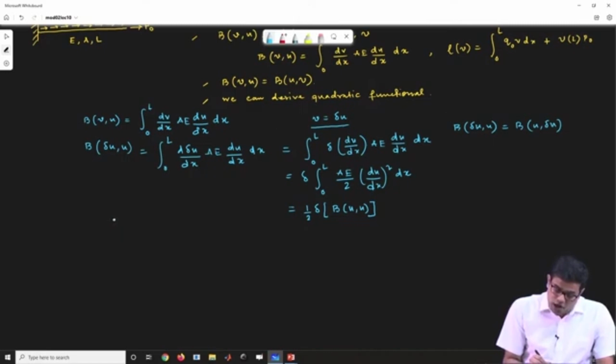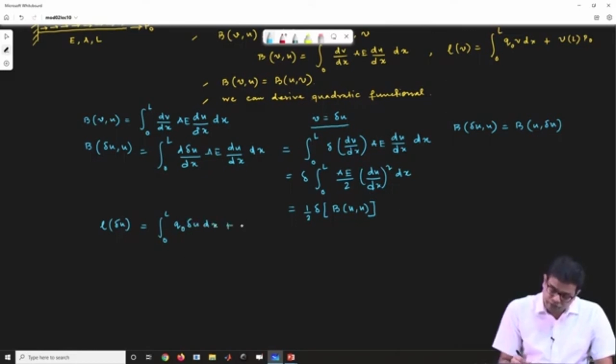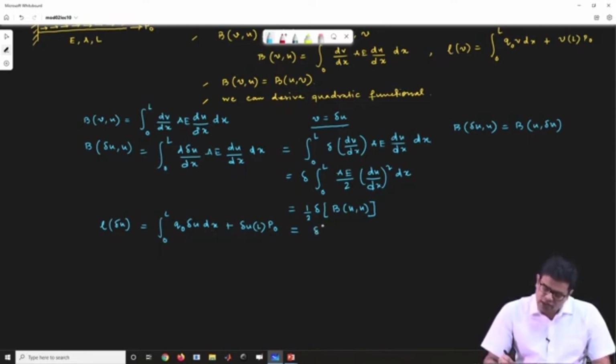Now the second term, that is the linear form, I can also write in this form: L of delta u, essentially integral 0 to L q0 delta u dx plus delta u of L into p0. So if I take the delta operator out from these two expressions, that is nothing but delta of L of u.